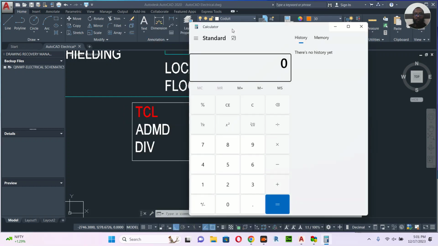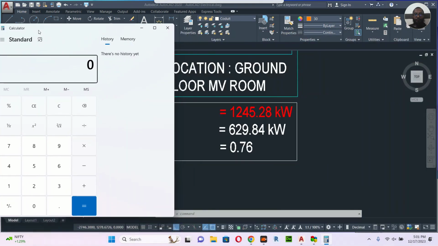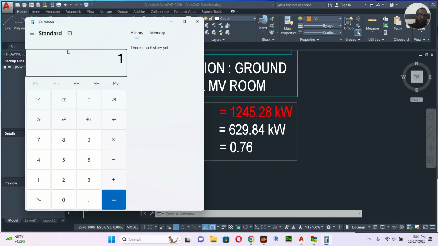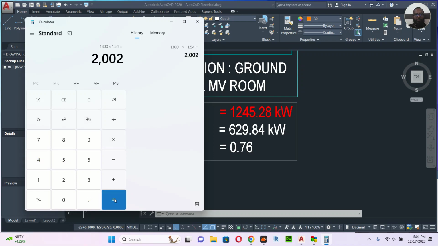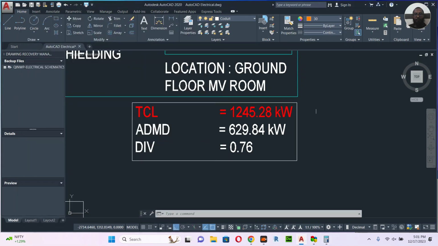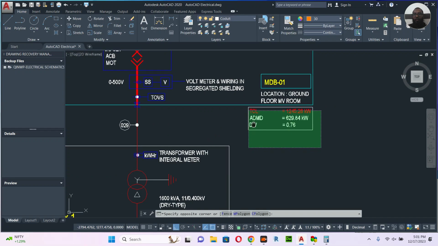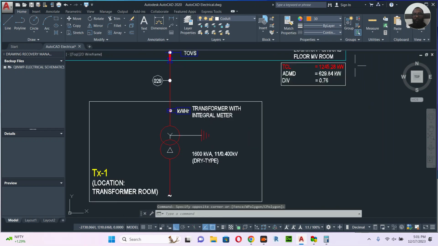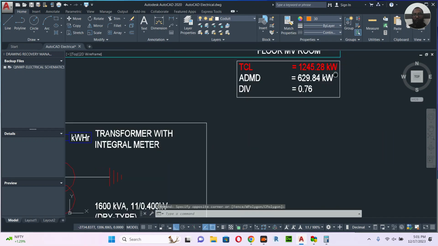So if you have 1300 into 1.54, this is what I calculated. If the power factor increases, this will change. So it's almost 2000 ampere. So I have 2000 ampere here.